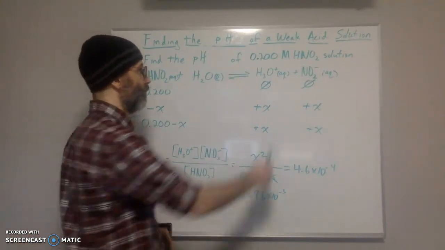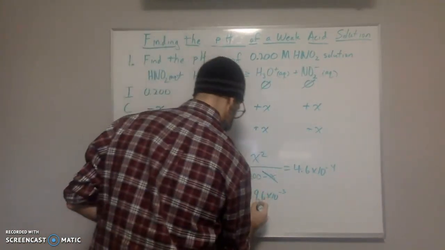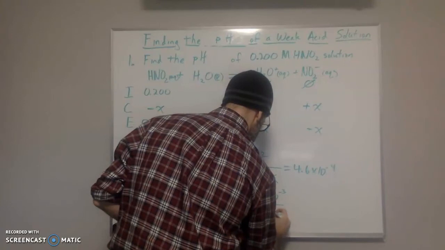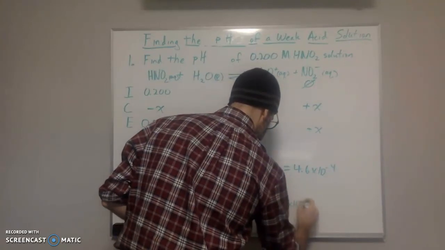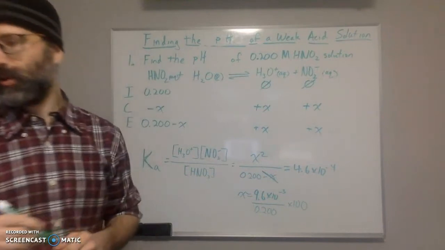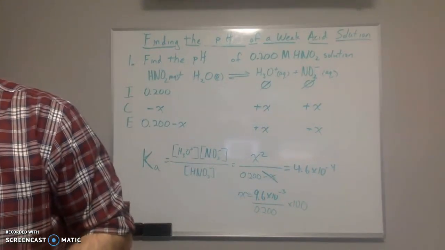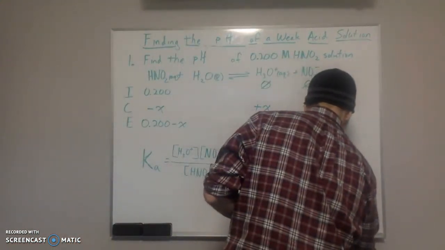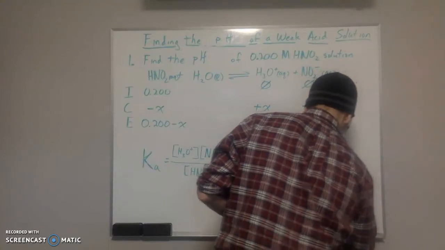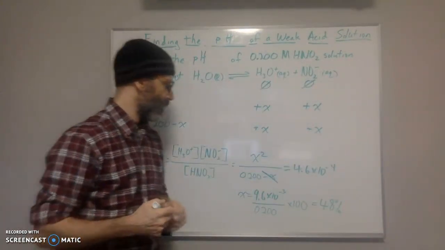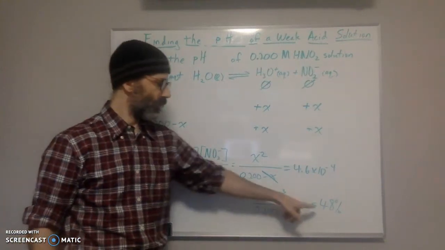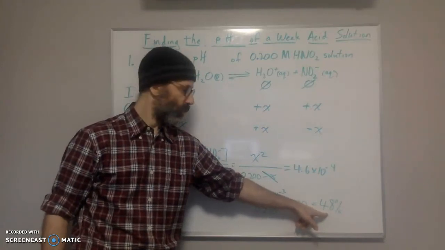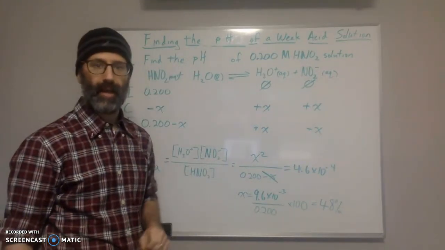We take this, divide it by 0.200, multiply by 100, and if we calculate it out, we get 4.8%. That's really close to the 5%. It's less than 5%, so it's valid, but barely valid. So we can make that approximation.